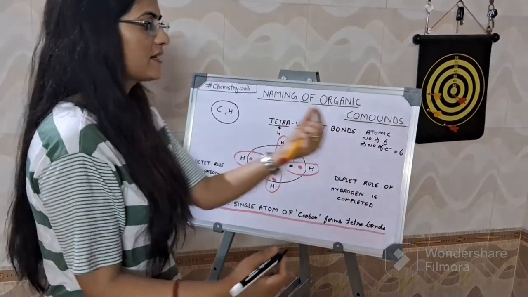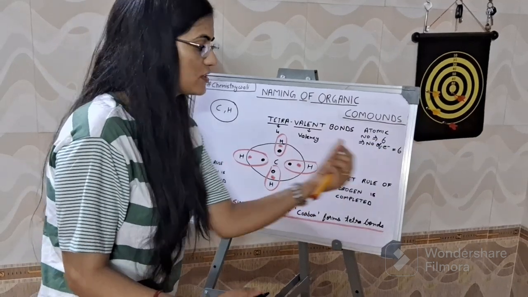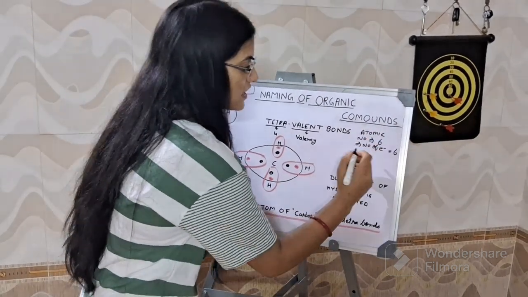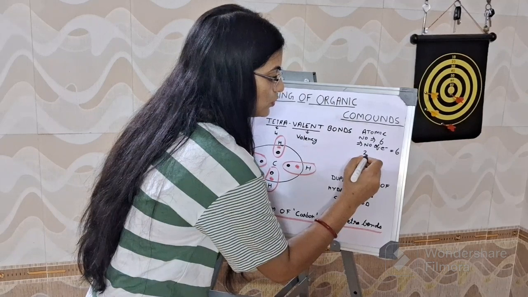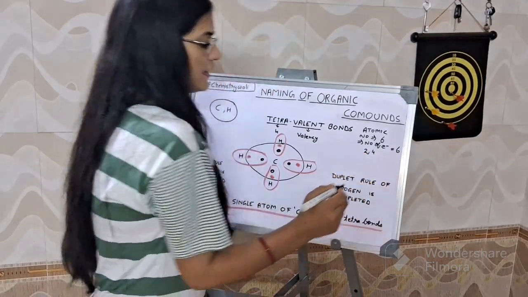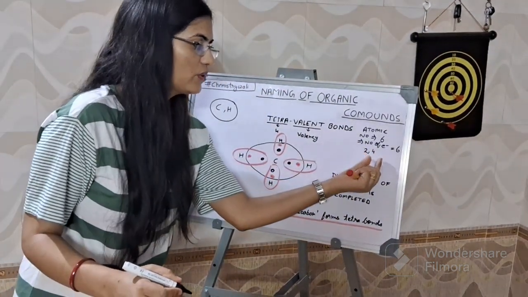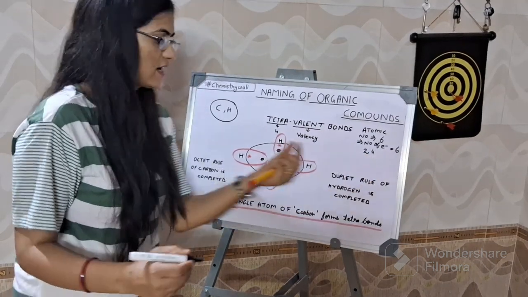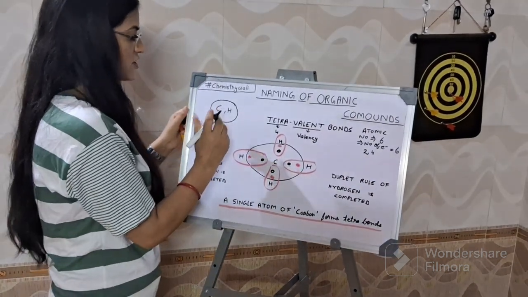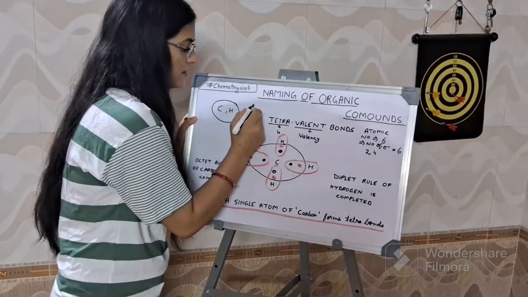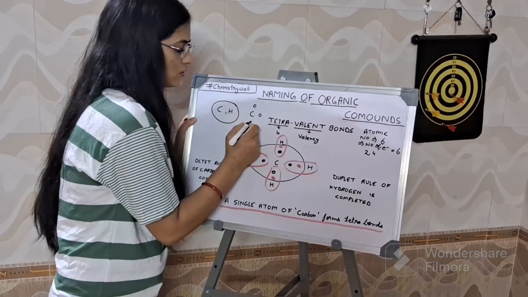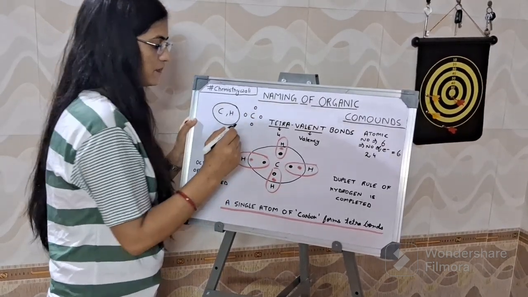How will we divide the electrons now? 2 and 4. In the last shell, if you notice, 4 electrons are there. If I draw the structure of carbon, this is carbon, 1, 2, 3, 4 electrons.